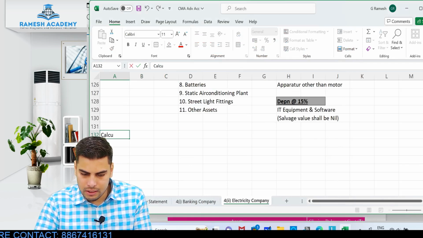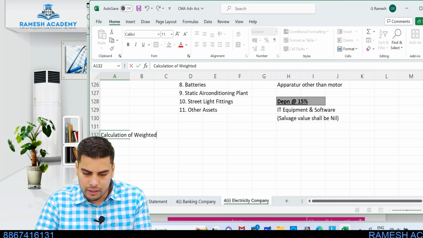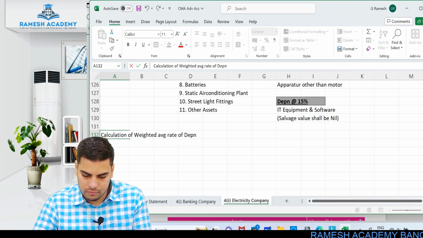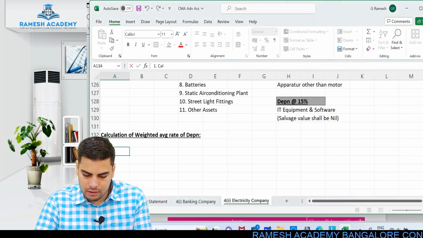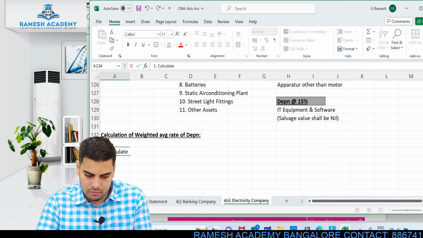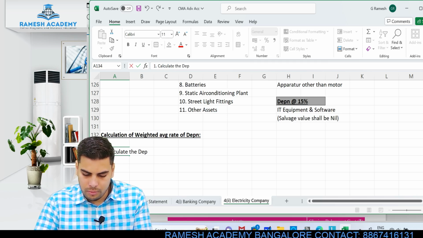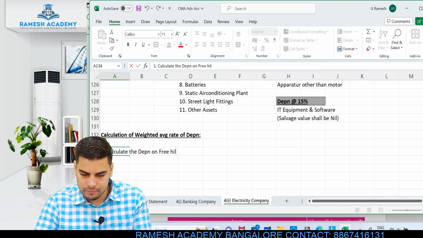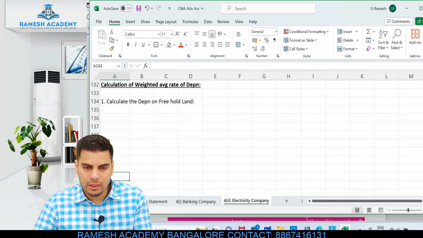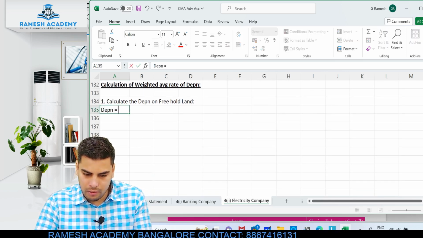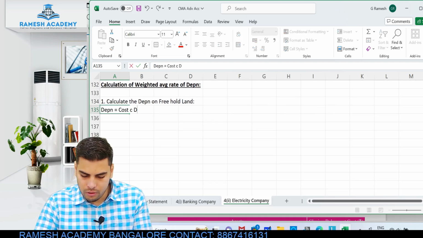I'll just write this over here: calculation of weighted average rate of depreciation. First step is calculate the depreciation on freehold land. How do we calculate the depreciation? Here depreciation shall be equal to cost into depreciation rate.